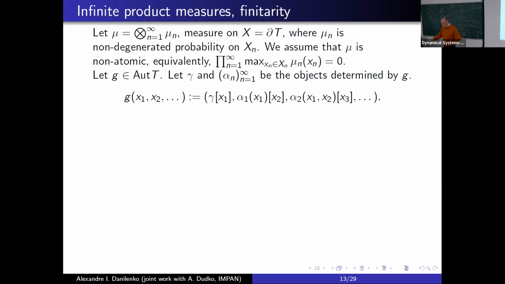So my purpose is to construct a Koopman representation. For that, I need non-singular actions. So currently, I have a group and I have a space: the infinite product space, the boundary of the tree. And now I want to define a measure such that with respect to this measure, G acts non-singularly.